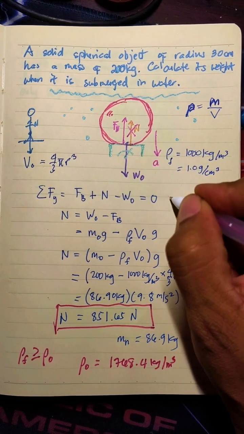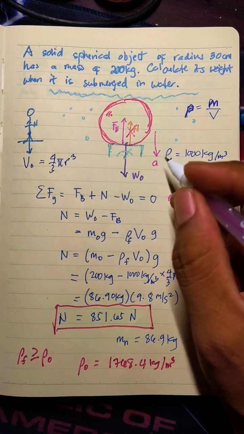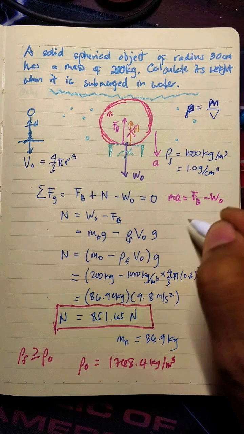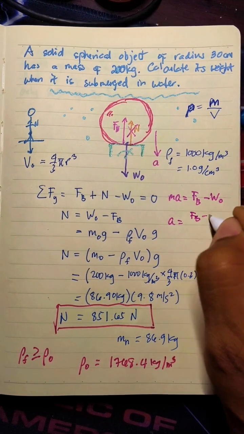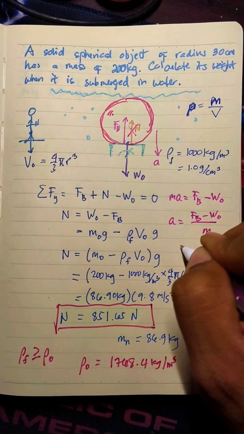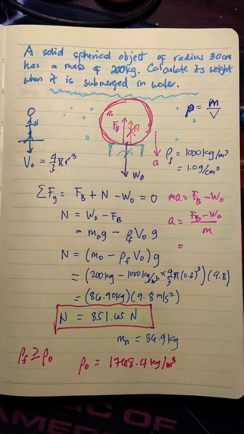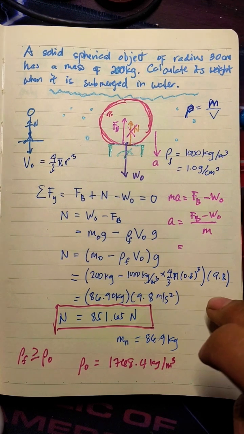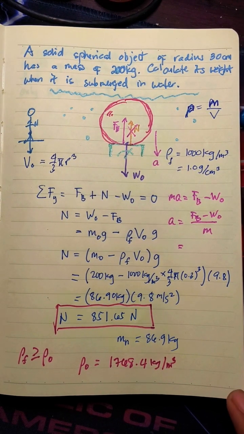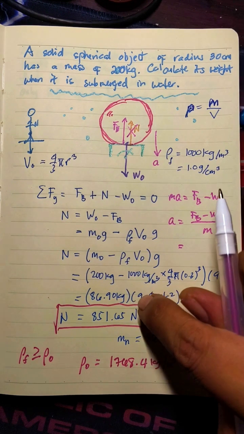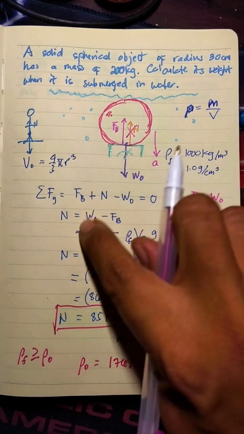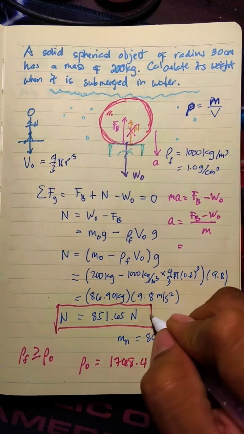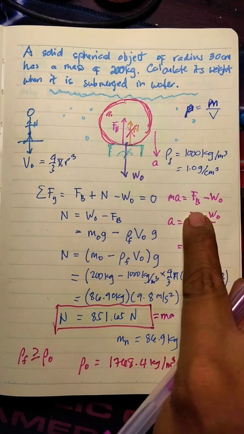That's just, of course, ma would be equal to the difference of the buoyant force minus the weight of the object. So a now would be equal to FB minus the weight of the object over m. And we can now calculate that. Notice that this whole thing is equal to ma in our equation, right?